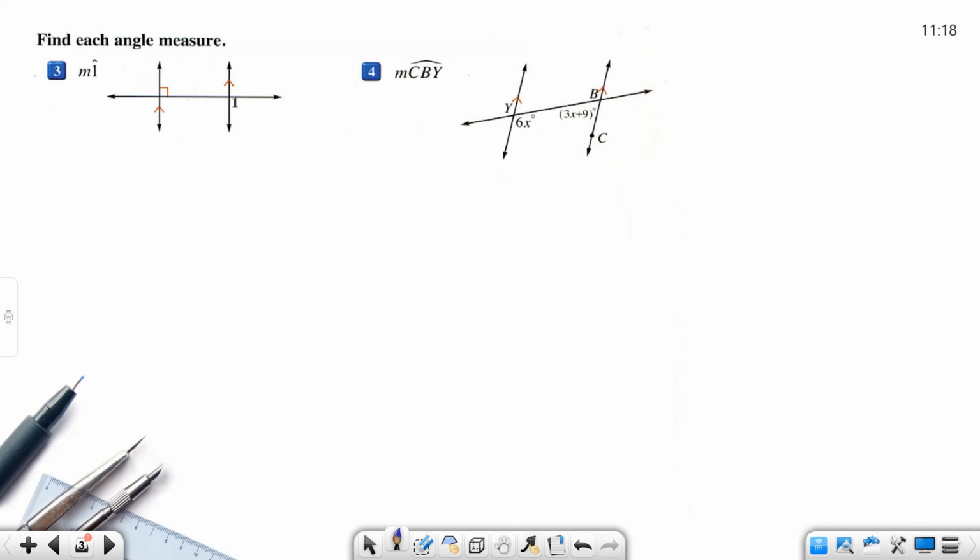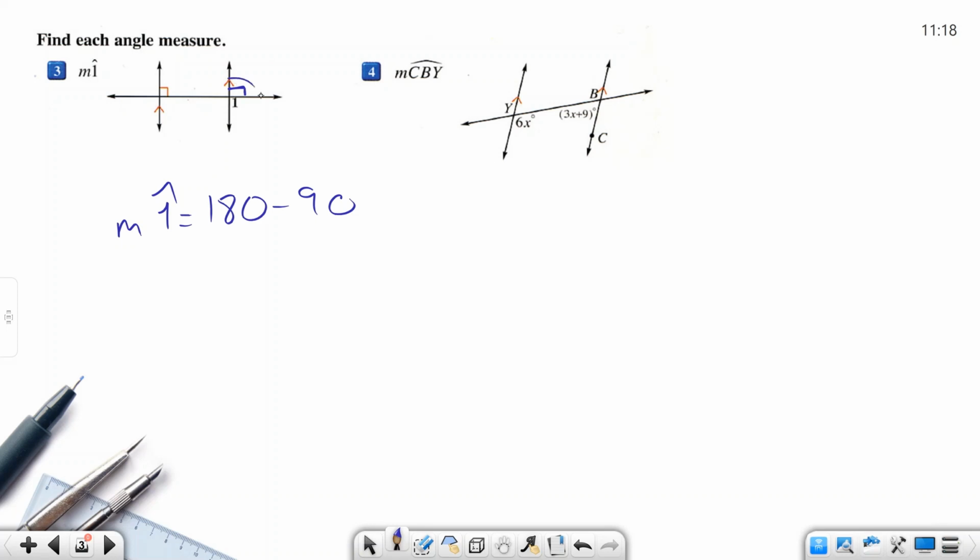Find each angle measurement. First the question is angle 1. Angle 1 is here. To find it, I will say this is 90 degrees, so this is corresponding, so it's 90 degrees. This angle must be 180, so the measure of angle 1 is equal to 180 minus 90.